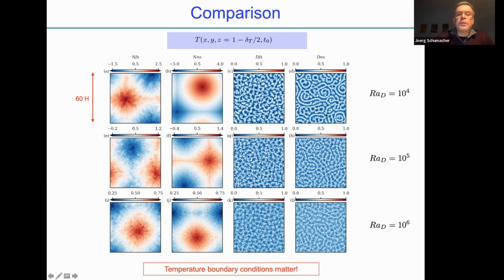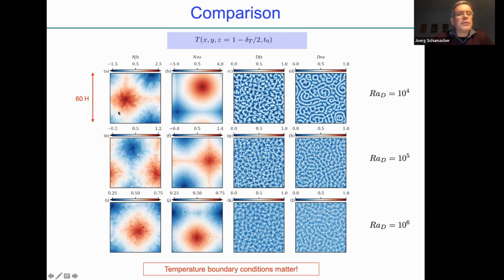And let's first take a look at the 2 right columns here. And we see that there's this typical roll pattern, which you would expect in an extended convection layer. And when you're going higher in the Rayleigh number, this pattern still remains. And so there remain these kind of structures that are reminiscent of the onset of convection, which sometimes are also denoted as turbulent superstructures. To the left, you see that the picture changes completely.